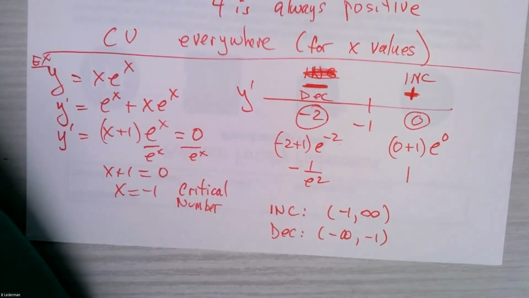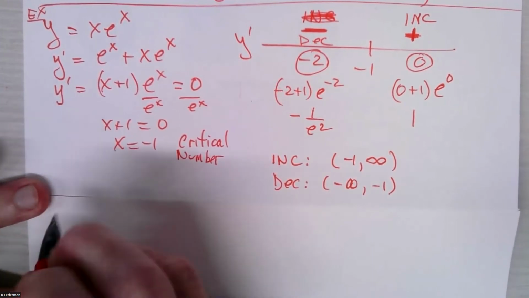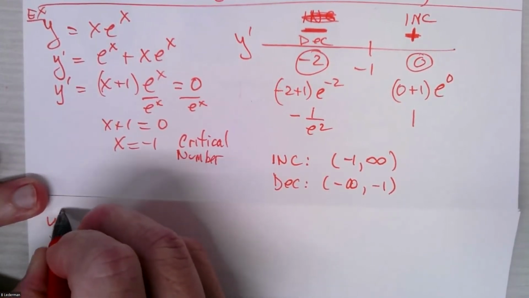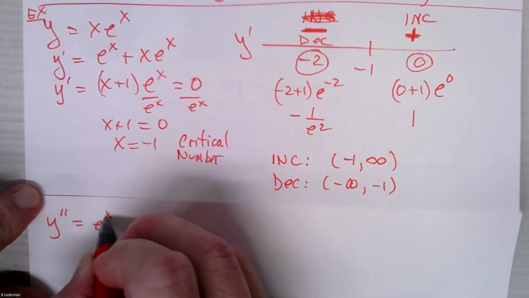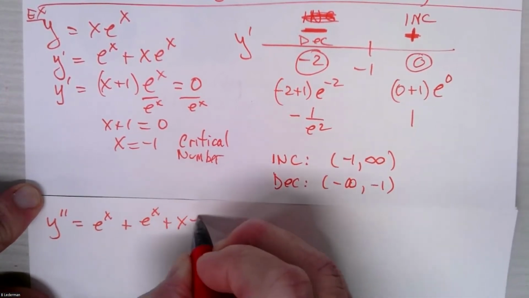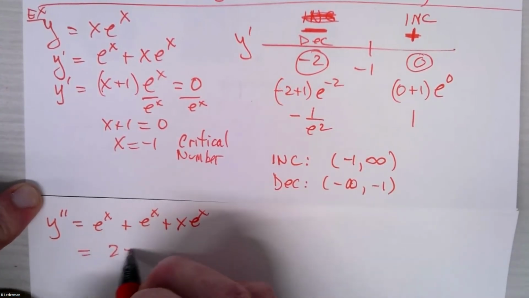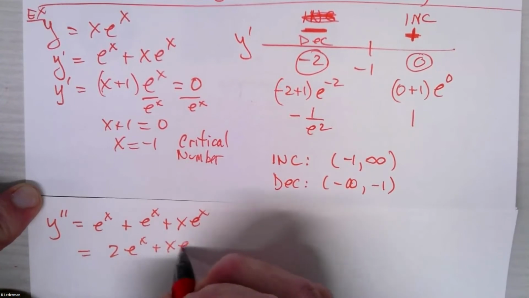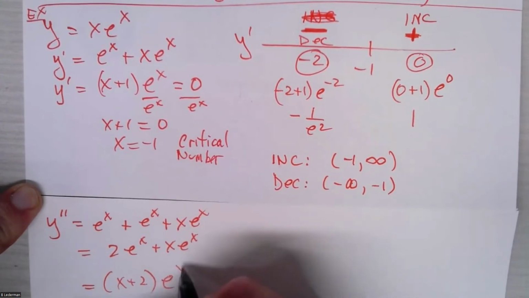And let's look at concavity now. Now, y double prime is equal to, looking up here, e to the x plus e to the x plus x e to the x, which gives me 2 e to the x plus x e to the x, which equals x plus 2 times e to the x.